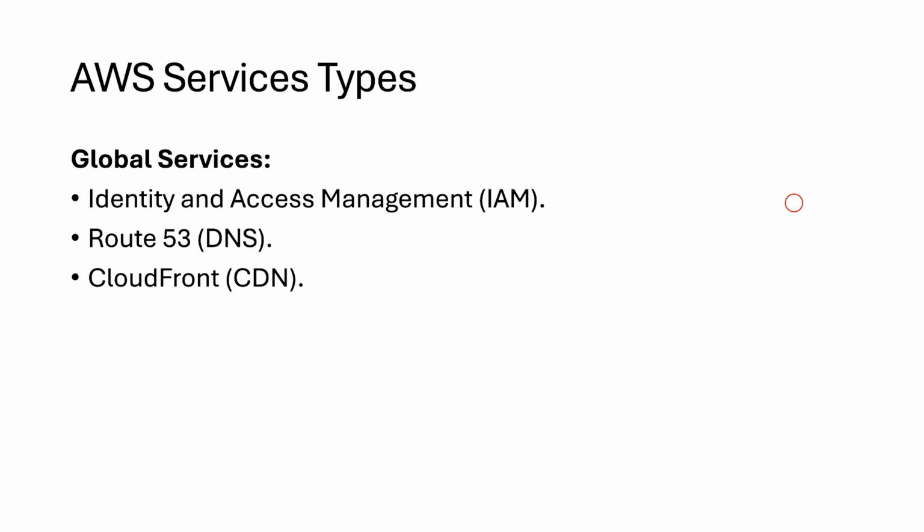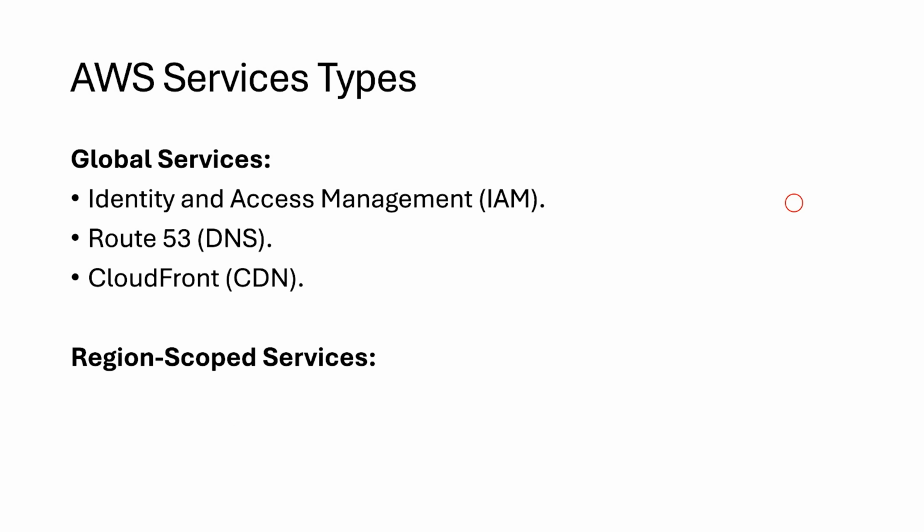And you will have web application firewall also in this list. All these global services are the same for all the regions. So what will happen is, if you create once, it will be applicable throughout your AWS account. It's not like it will change for each and every region. That's why it is called global services.